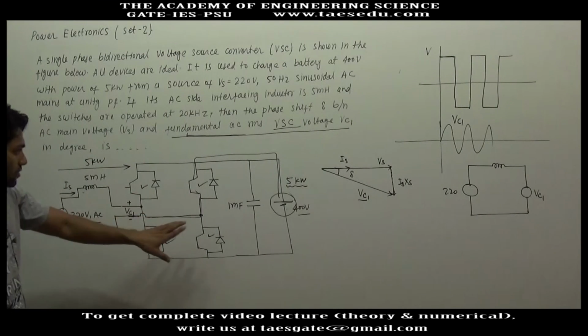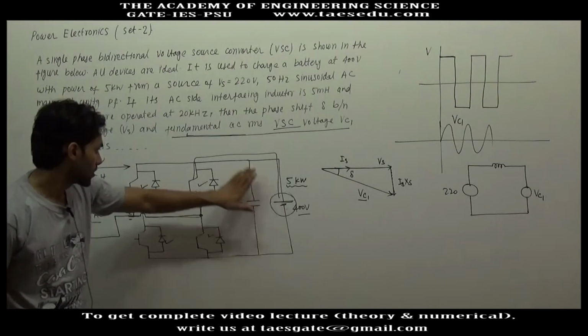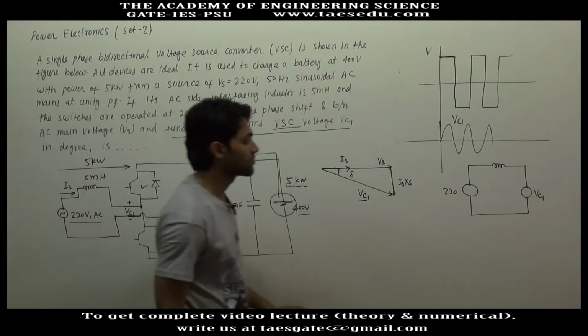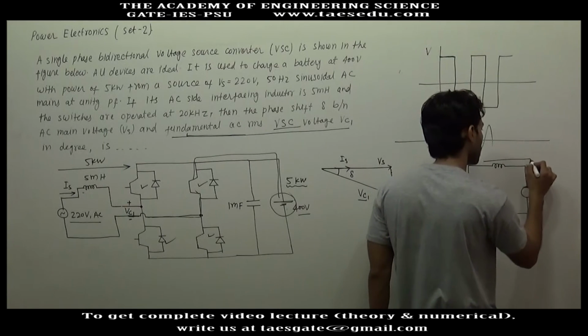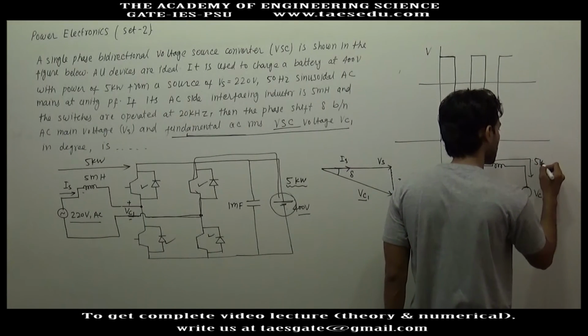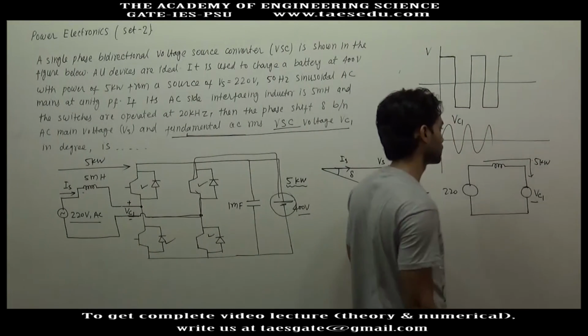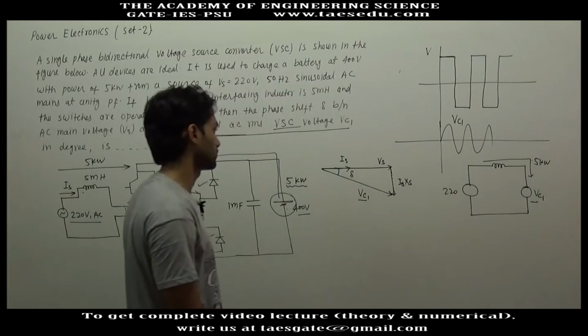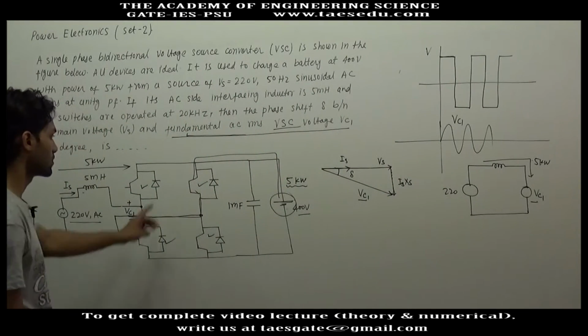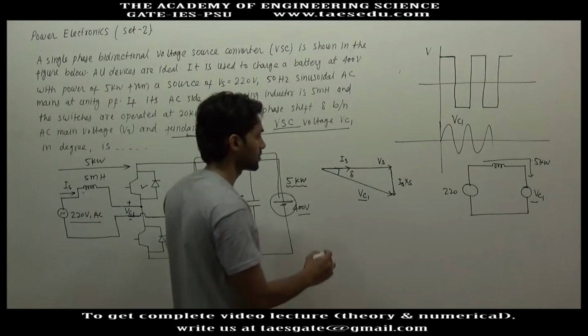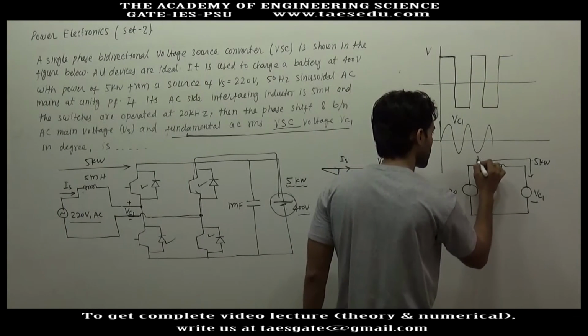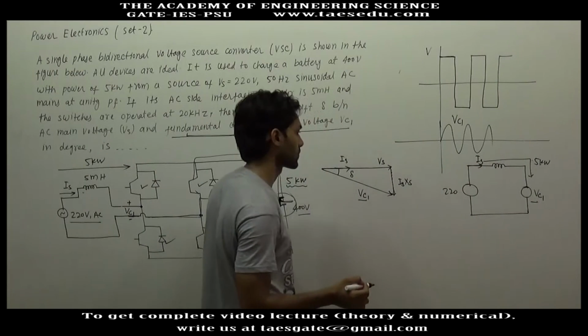Now instead of this 400 volt and all these switches, I have just connected one AC voltage source. So obviously 5 kilowatt power will go into this voltage source, because switches are ideal and will not take any power. In the phasor diagram, the source current Is is shown with the source voltage.